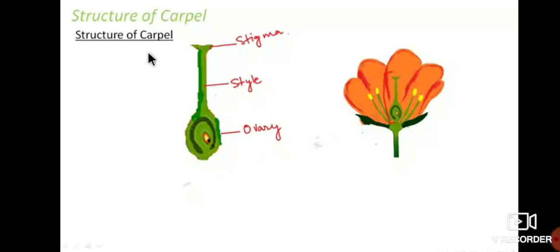This carpel contains upper part called as stigma, and this middle part is called as style, and last one is called as ovary. In this ovary there is a presence of ovum or egg. Those two are called as either the ovum or egg, called as female gametes.